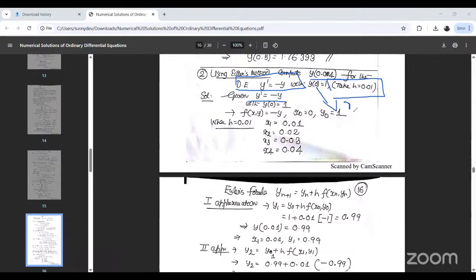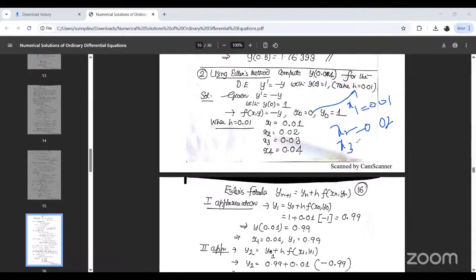So this is x naught, x naught equal to 0. Then x1 becomes 0.01 and x2 is 0.02.